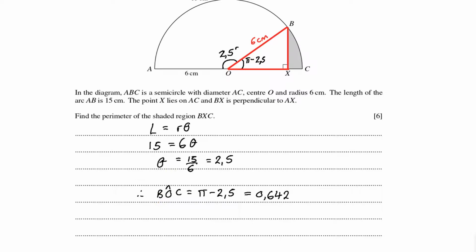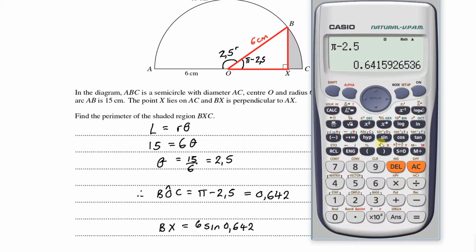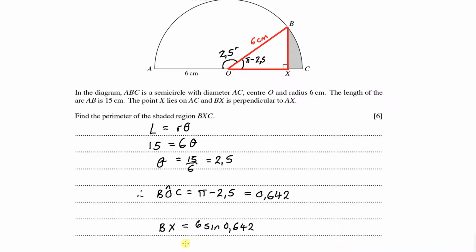So we can say BX is equal to 6 sine of the angle 0.642. And let's type that in. So that's 6 sine 0.642. And this gives us 3.59. So that's 3.59.